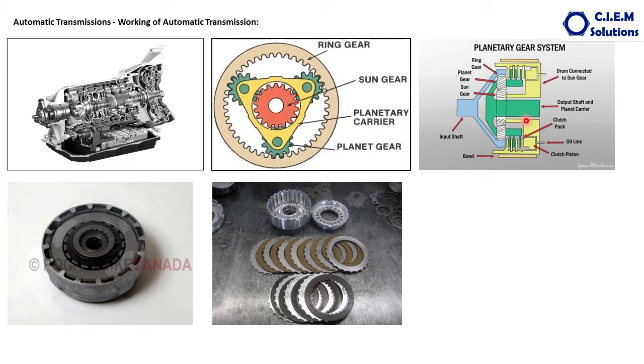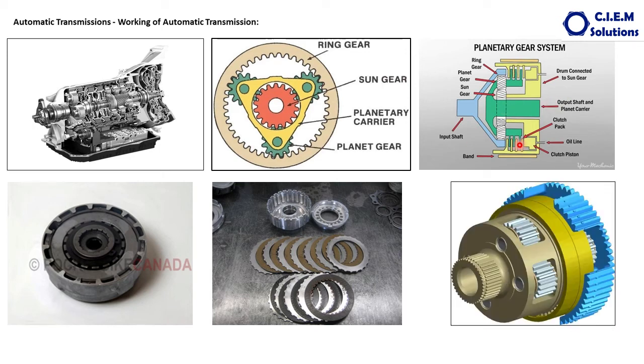Like this, the brake is applied here, because this is the stationary member. If the brake is applied here, then this will become the output. Input is the ring gear, holding is the sun gear, and the output will be the planetary gear. See, the assembled planetary gear unit will be like this.